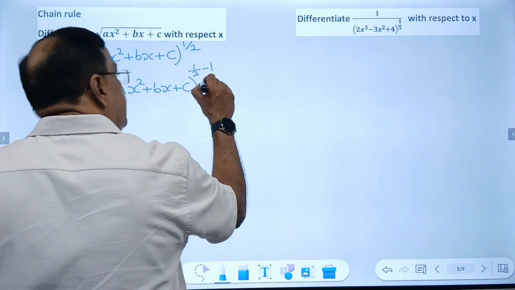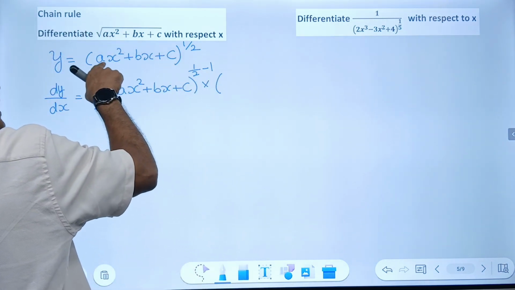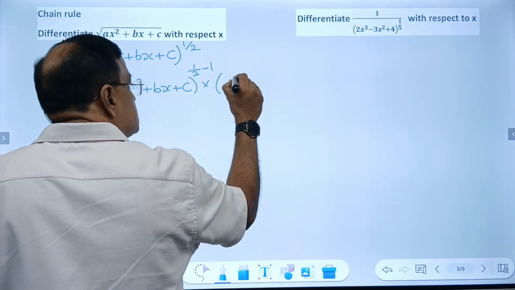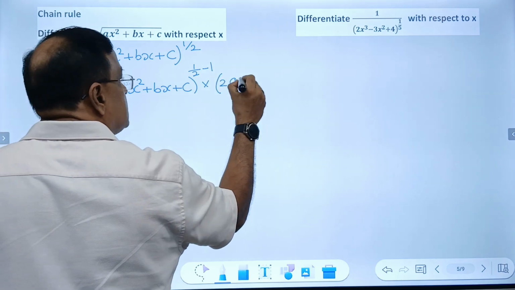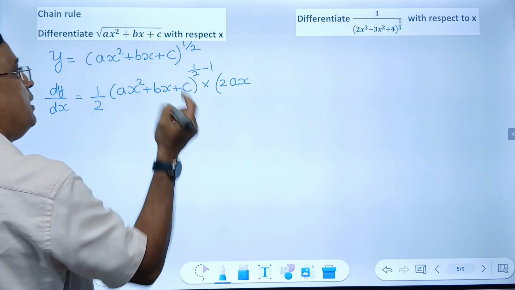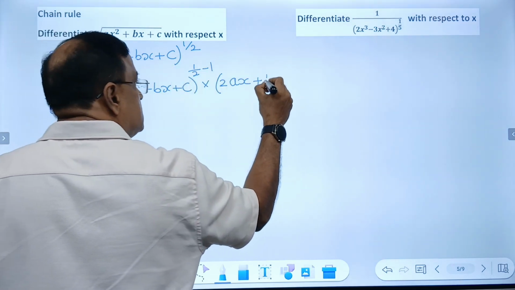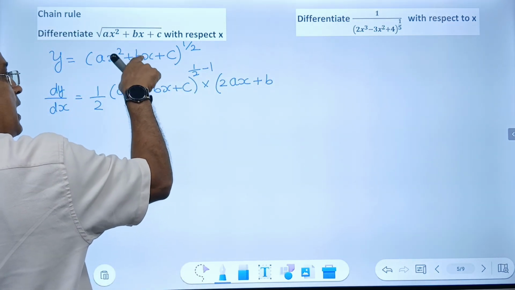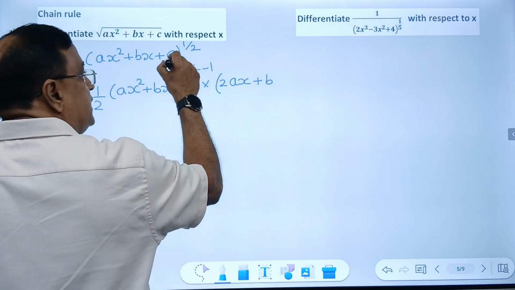Now go to the base. Go and differentiate ax square plus bx plus c. Differentiation of ax square: a is a constant which remains as it is, and differentiation of x square will be 2x. Plus bx: b is a constant, the coefficient of x, and differentiation of x is 1, and differentiation of c is 0.